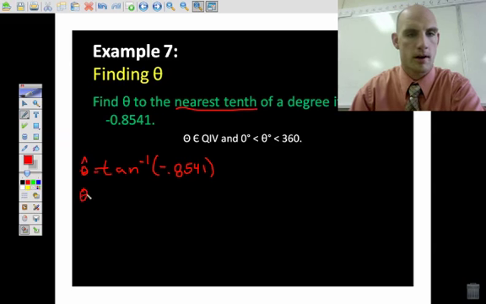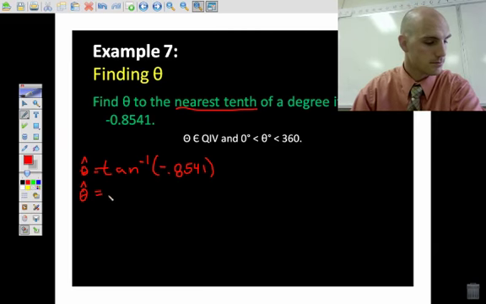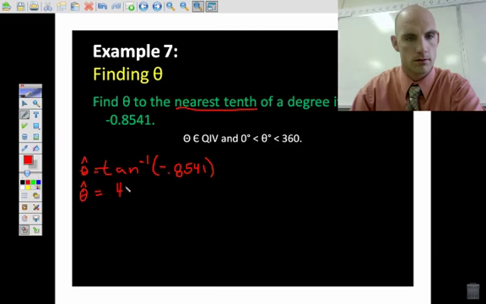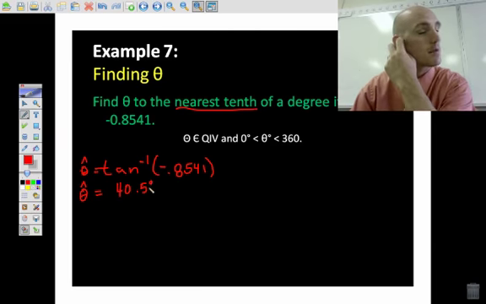So my theta hat is going to be equal to 40.5 when I put that into my calculator. Okay, so that's my 40.5.